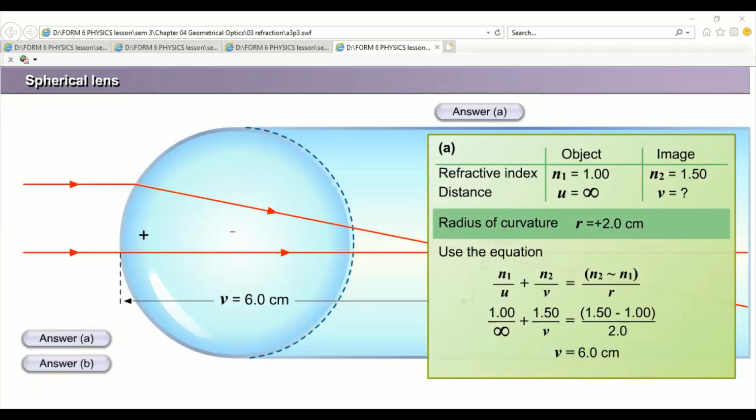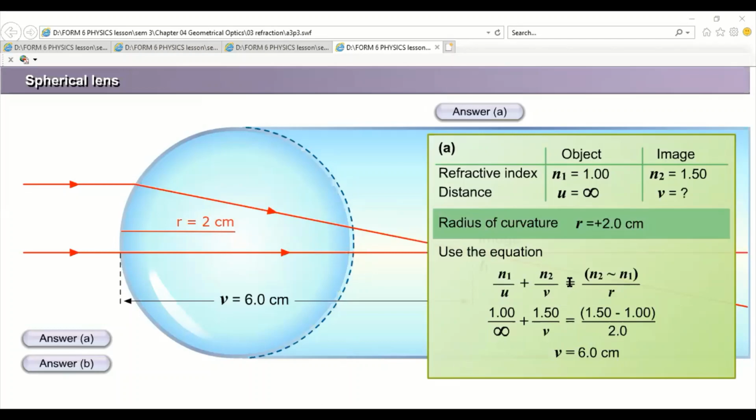Okay, from the center, this will be the R equal to 2 cm. When R is equal to 2 cm, this means that the diameter will be equal to 4 cm.